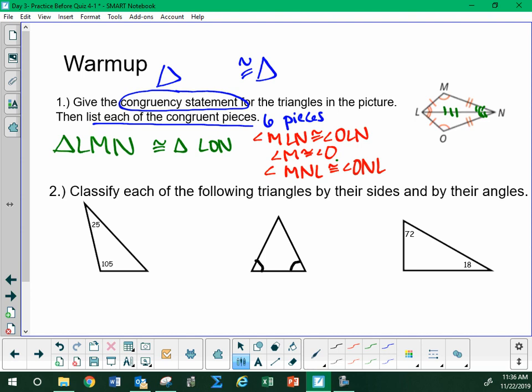Now let's write 3 sets of sides. And again, you can pull this from your congruency statement, or a picture here. So segment LM is congruent to segment LO, segment MN is congruent to segment ON, and then LN, LN.